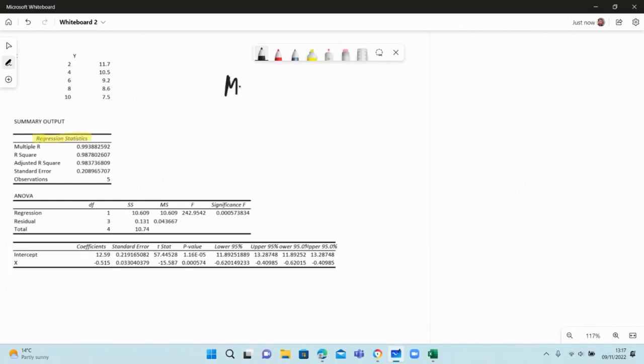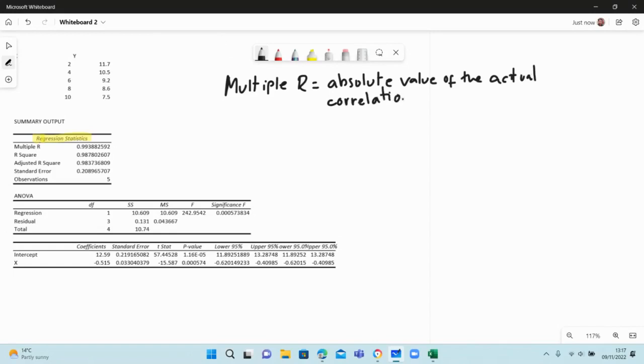The multiple r, which is given here, can be thought of as the absolute value of the actual correlation between x and y.